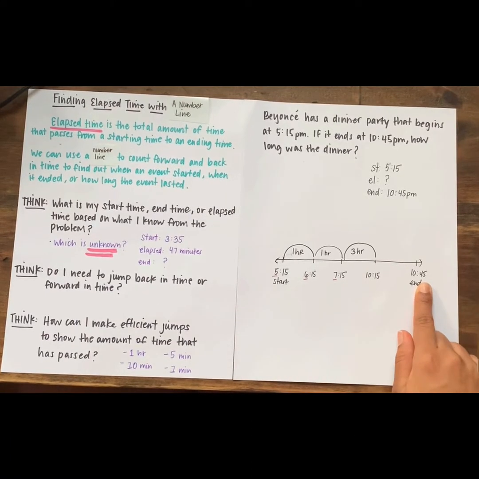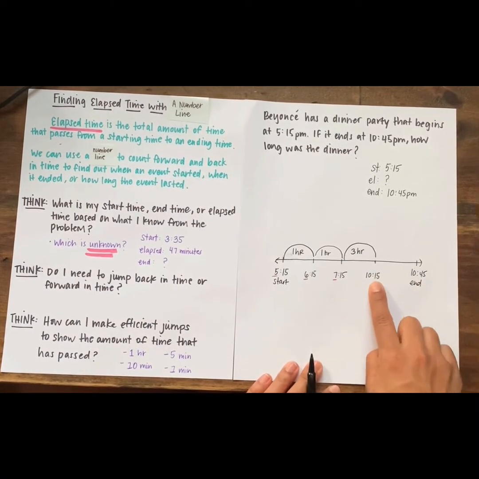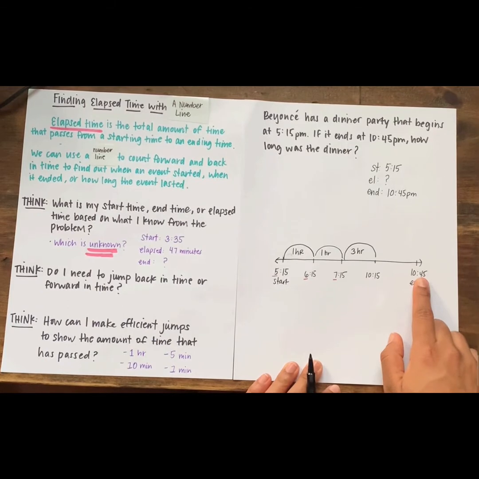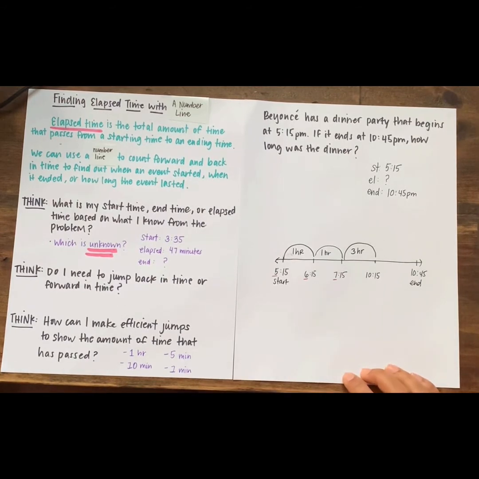If you didn't know that there was 30 minutes between 10:15 and 10:45, what other kinds of jumps could you make? Say it out loud. That's right. We could have made 3 jumps of 10 minutes to get from 10:15 to 10:45.